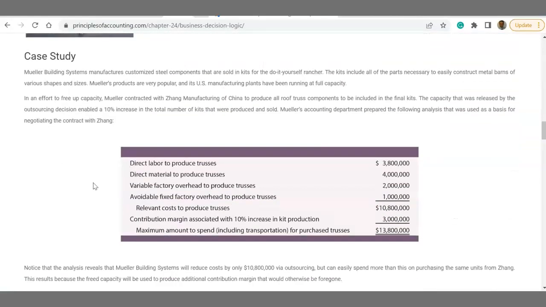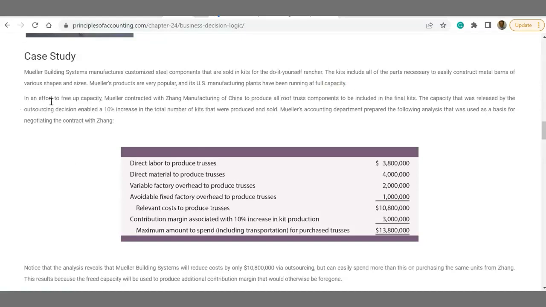So let's read this case study so we know what we are doing. Mueller Building System manufactures customized steel components that are sold in kits for the do-it-yourself rancher. The kit includes all of the parts necessary to easily construct metal barns of various shapes. Okay, the company's products are very popular in US manufacturing plants, which have been running at full capacity.